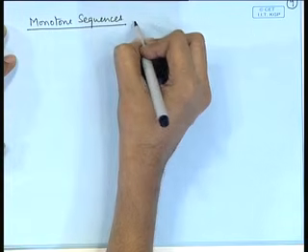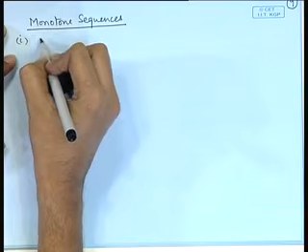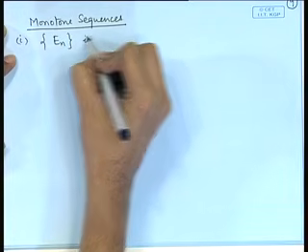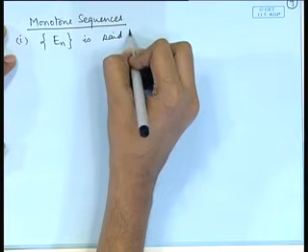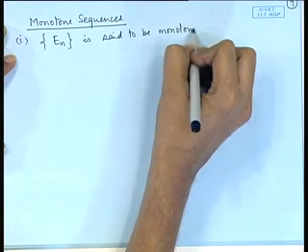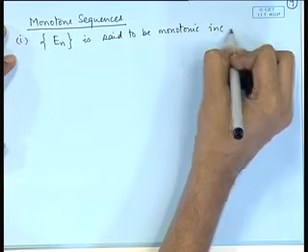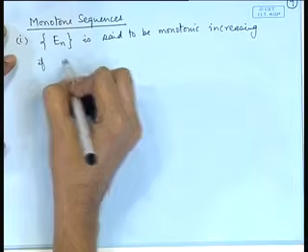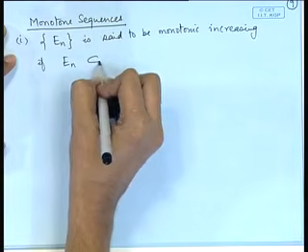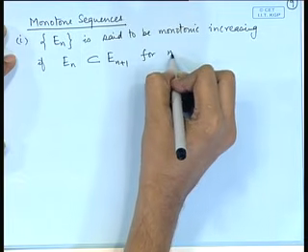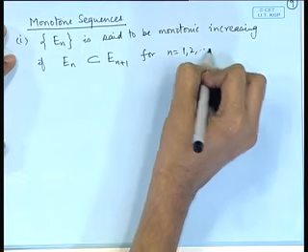So, we say that a sequence E n is said to be monotonic increasing if E n is a subset of E n plus 1 for n is equal to 1, 2 and so on.